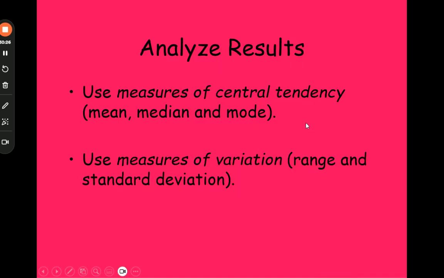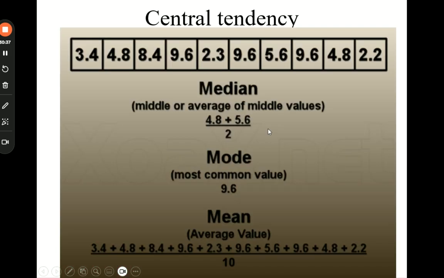All right, analyze results. So this is some like 8th grade statistics that you need to be able to do. I promise you, you need to be able to do this. You need to know how to calculate the median, the mean, and the mode of any kind of set of data.